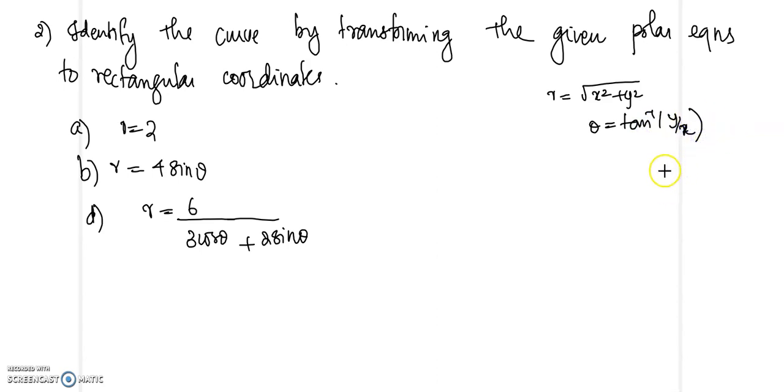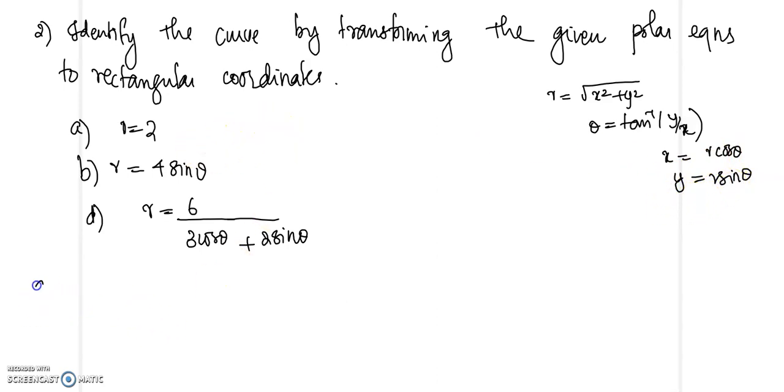And also we can use this: x is going to be r cos θ and y is r sin θ. So cos θ will be x by r, sin θ will be y by r.